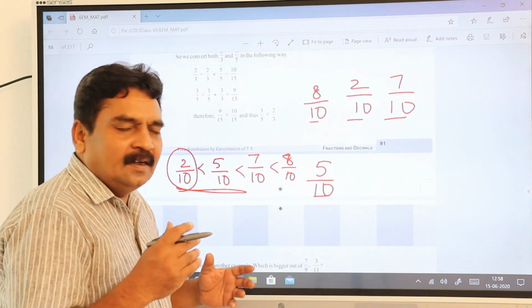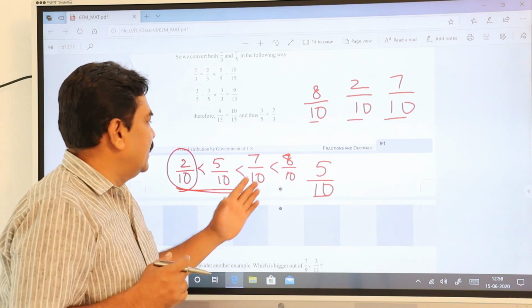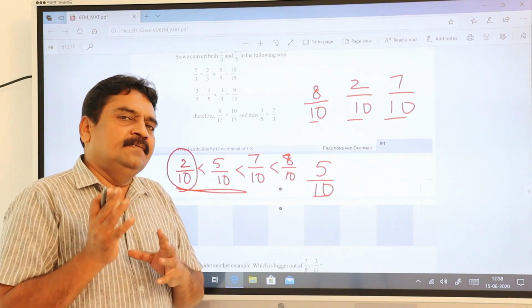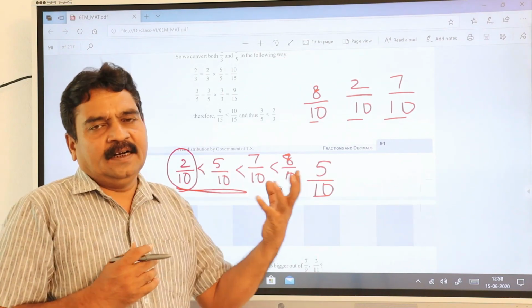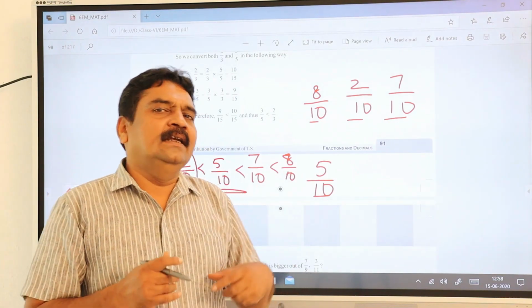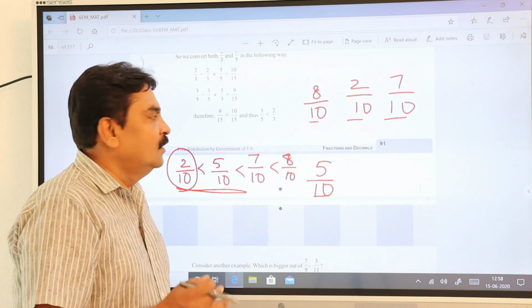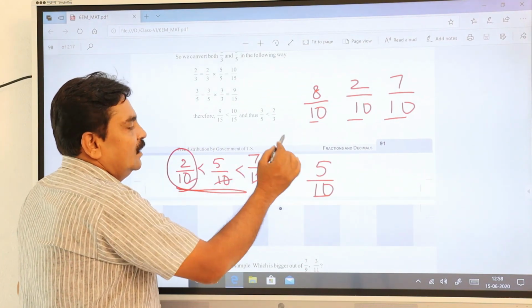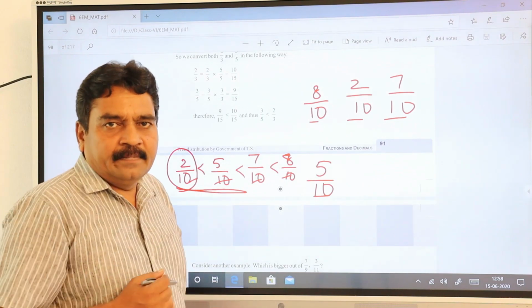It is possible only by making like fractions. You can easily differentiate the greater fraction from the smaller fraction only when the fractions are in the form of like fractions. The denominators are the same.